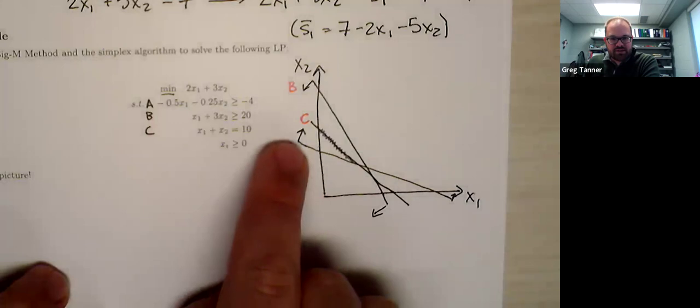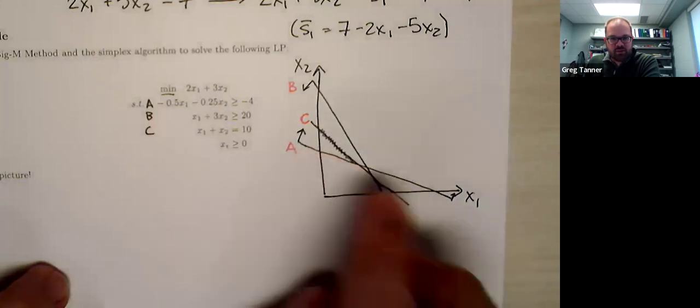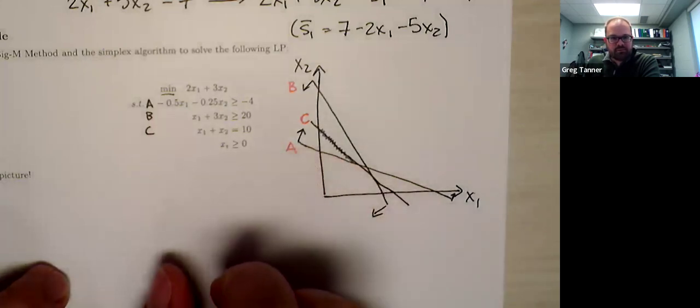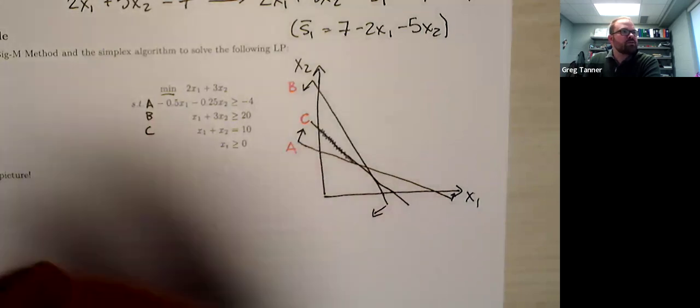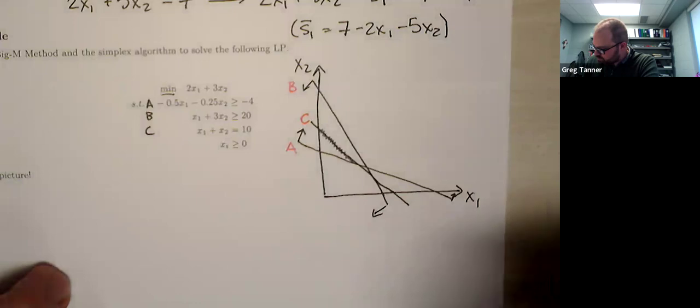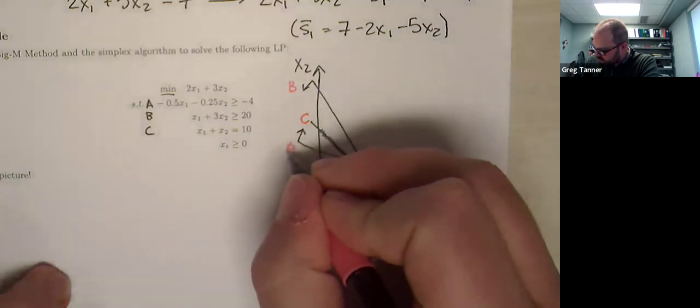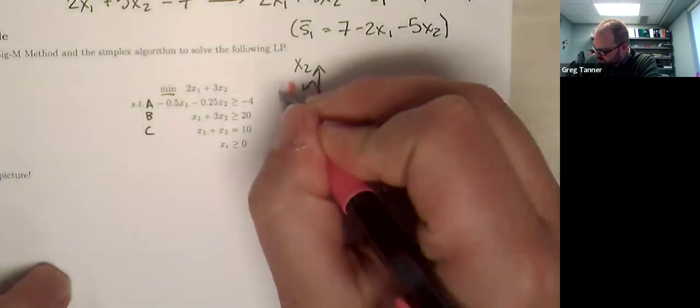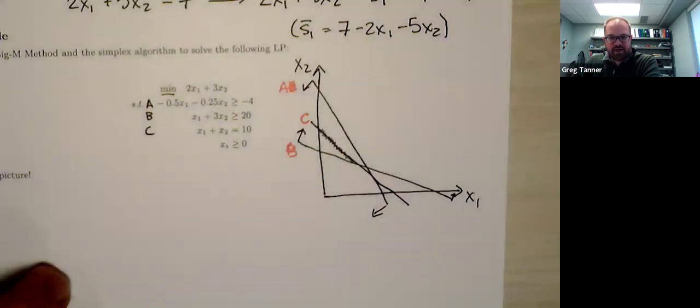So this first constraint is this A constraint. It's a greater than or equal to. Oh, no, let me see. Oh, I mislabeled the constraints. Never mind. This one is B. This one is A. Okay. There. Yeah, that's better.